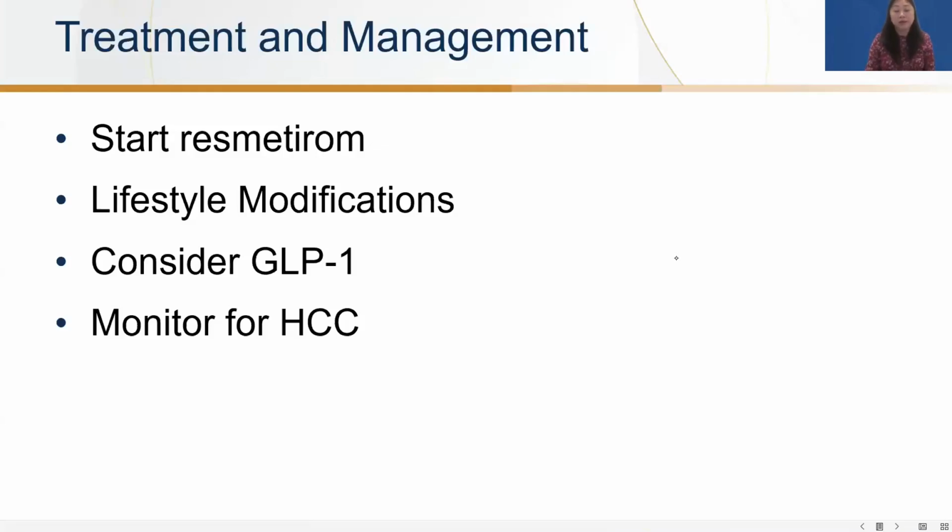But this risk increases if the patient has type 2 diabetes with obesity and advanced fibrosis. So in my practice, I do screen these high-risk patients for liver cancer using AFP and abdominal ultrasound every 6 months. And finally, you want to repeat his NITs in 1 year.